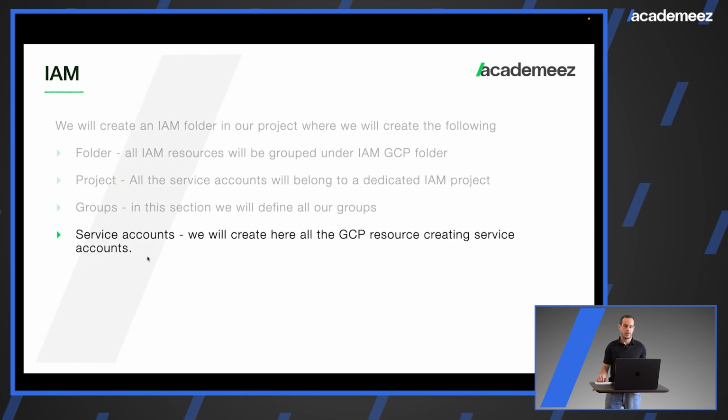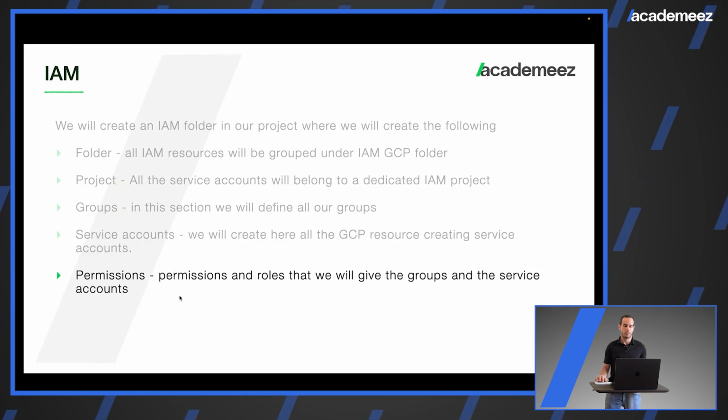So we'll create a folder for the service accounts, and the last folder we'll create in the IAM section is permissions and roles. So every permission that we give our groups, we don't give permission to an individual user, we give permission to a group, and we assign the user to a group.